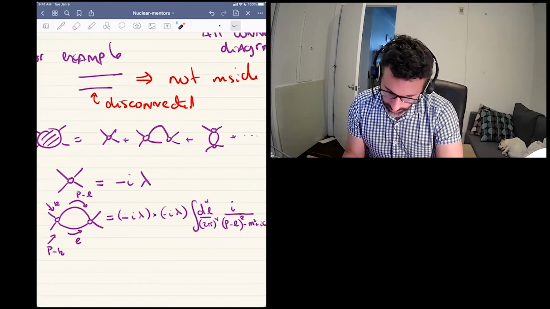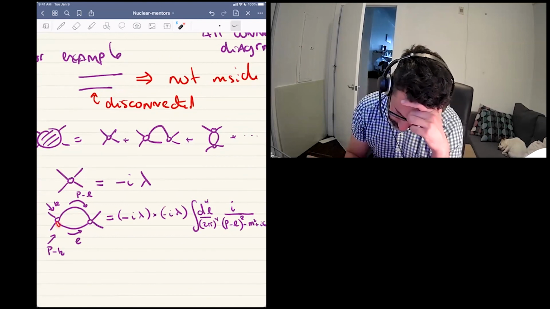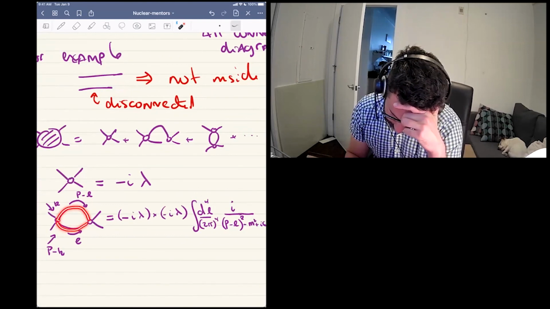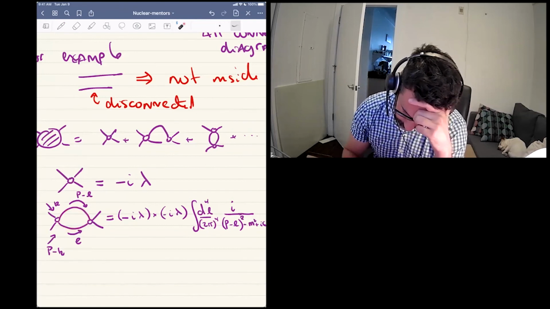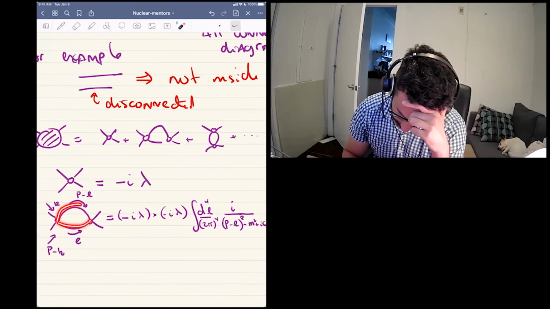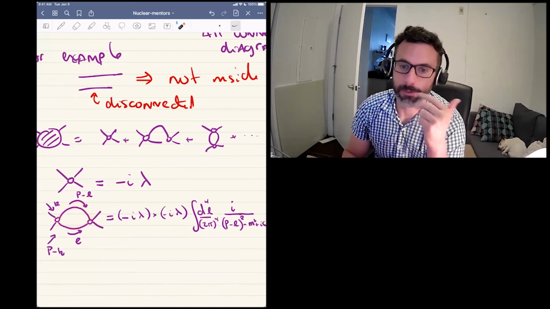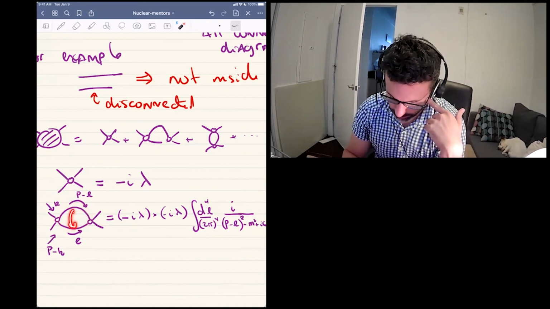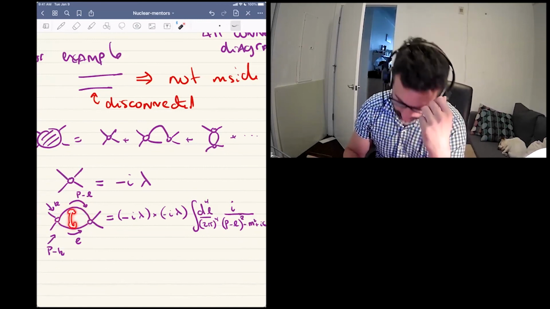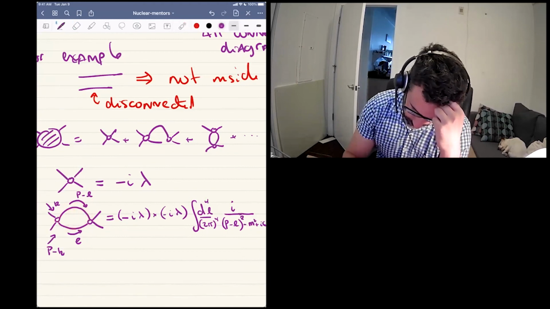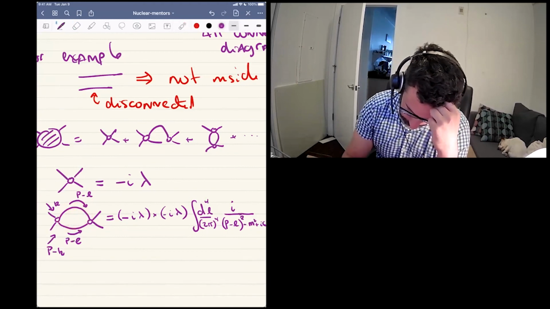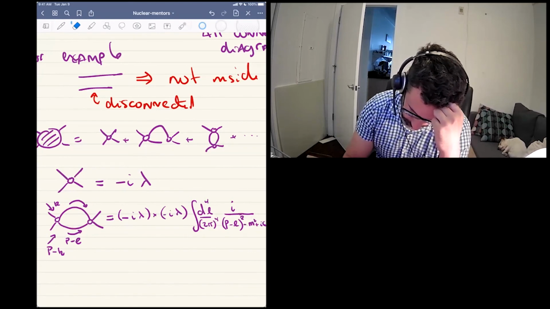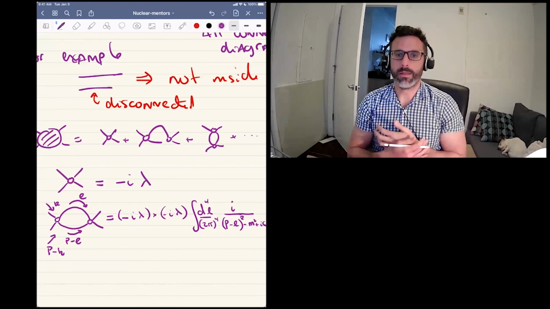So here, the way you can think about it is that I have two internal lines, these two. And I could, in principle, move this line over here, and then this one over here. Basically, I can permute these two. In other words, I could have called this P minus K, P minus L, and this one L, and nothing would have changed.